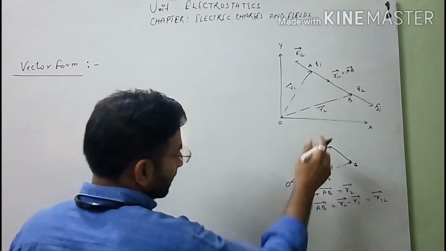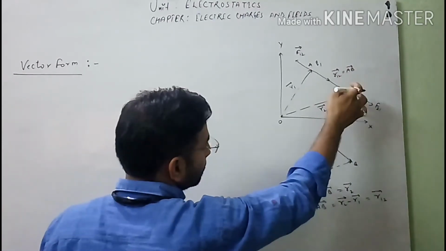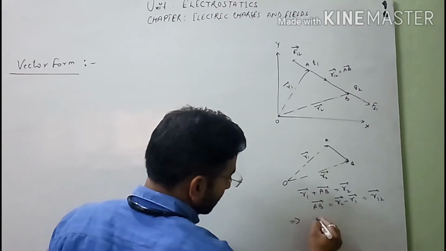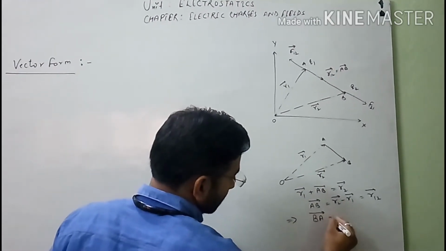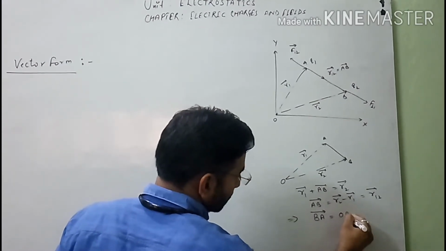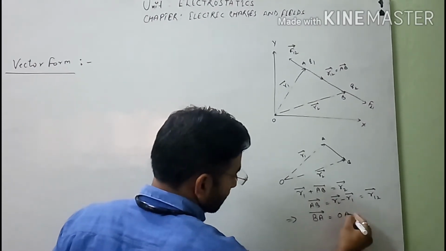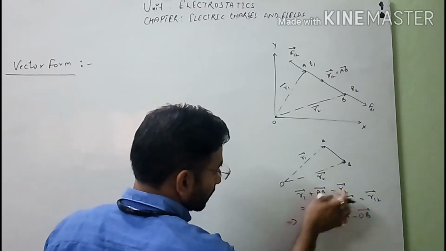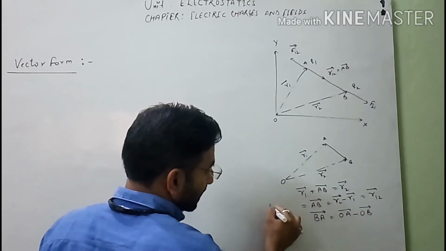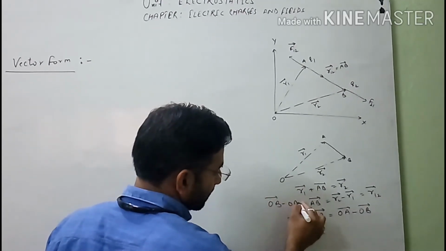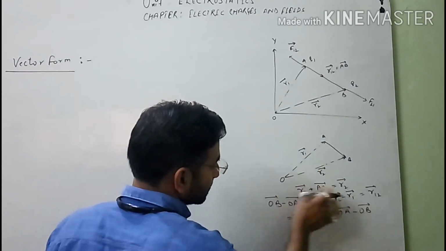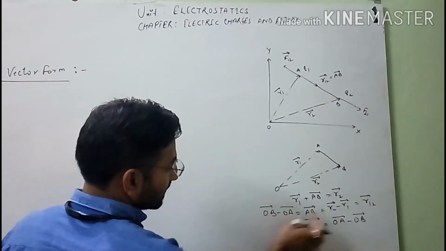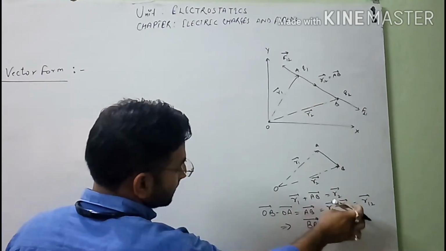After that, if I want to write BA, in the same way it will be equal to OA minus OB. In the same way, you can write AB as OB minus OA, in the short way, if you are not interested in doing the solution this way. So OB you can see is R2, and OA you can see is R1.